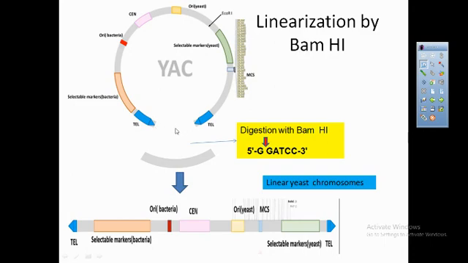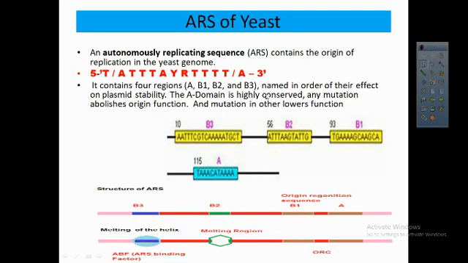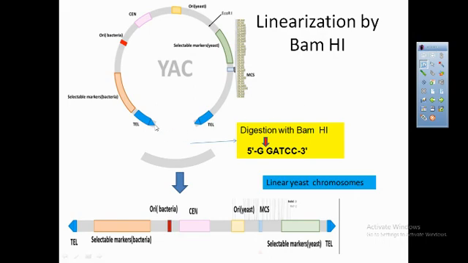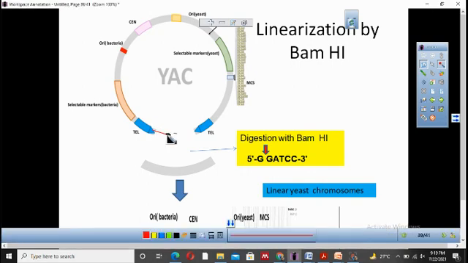This was in the plasmid form. This was connected. So after digestion with BamHI, this gets digested and it is released. BamHI is isolated from Bacillus amyloliquefaciens, and it has the sequence 5 prime GGATCC.